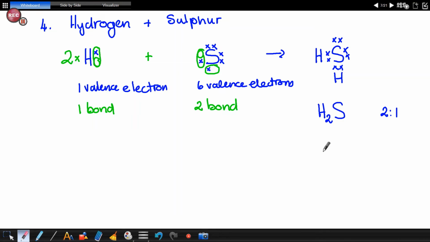What's the name of the compound? Hydrogen? No. Listen carefully. Sulfate is something else. This is the element sulfur that changes into a compound, hydrogen sulfide.